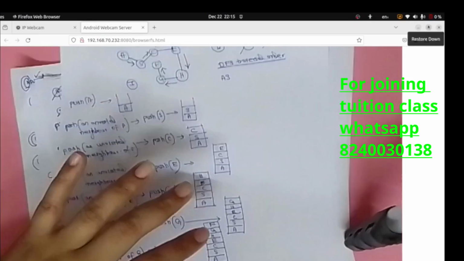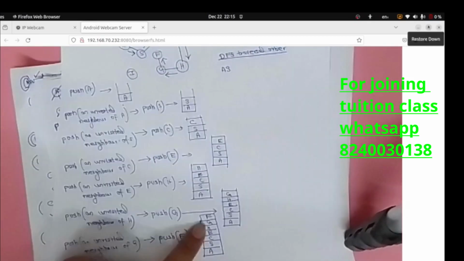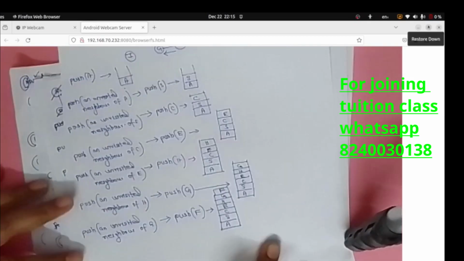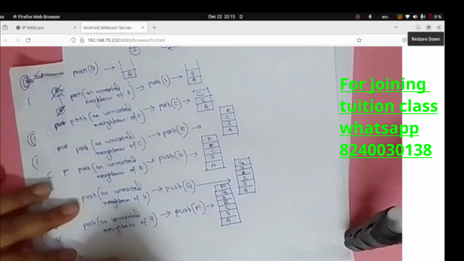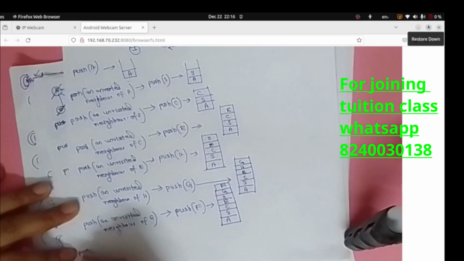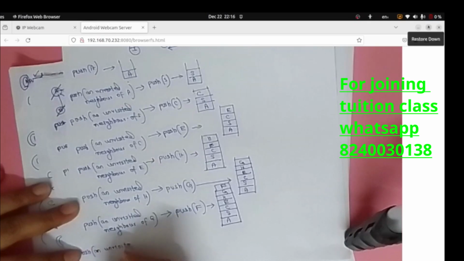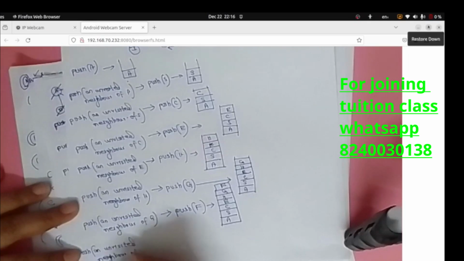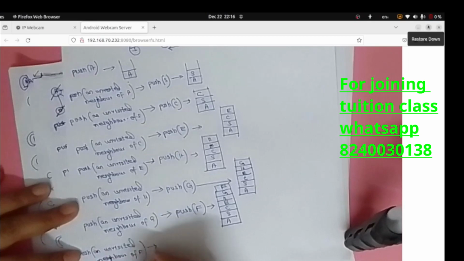Now, the current topmost element of the stack is F. So we have to do the push operation related to F. So what we will do? The next operation will be push an unvisited neighbor of F. Is there any unvisited neighbor of F?